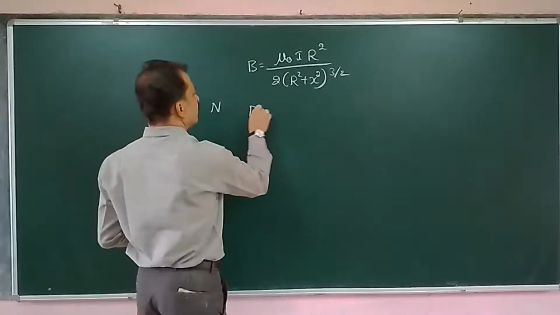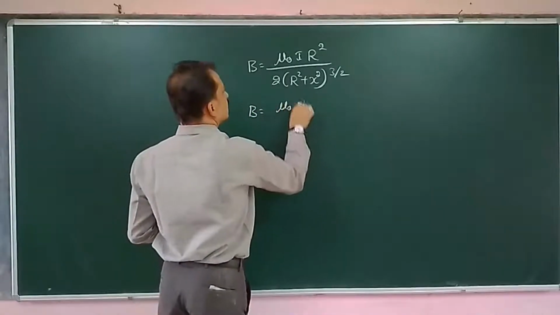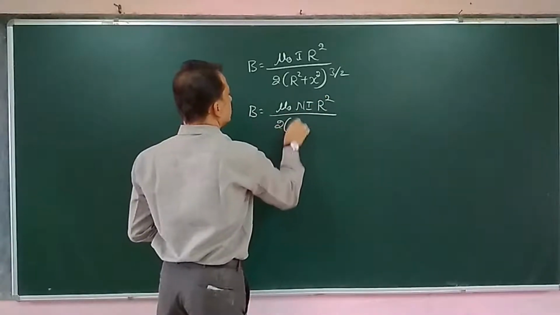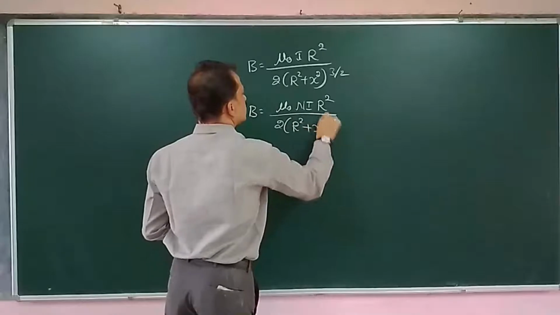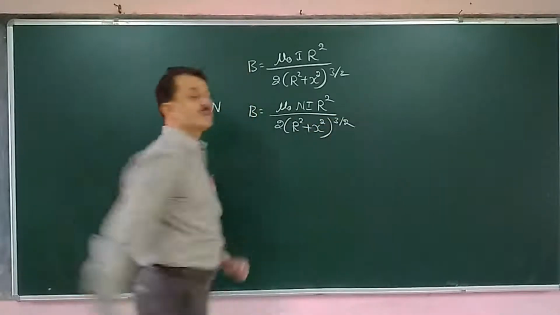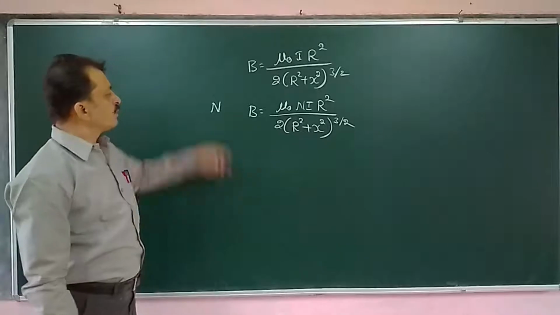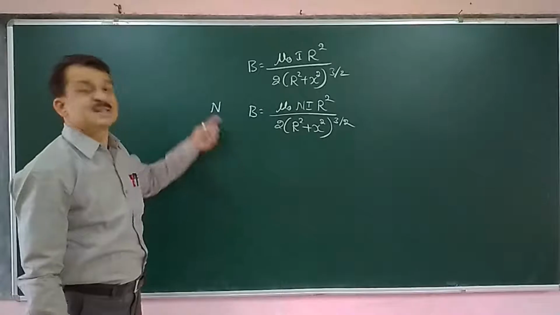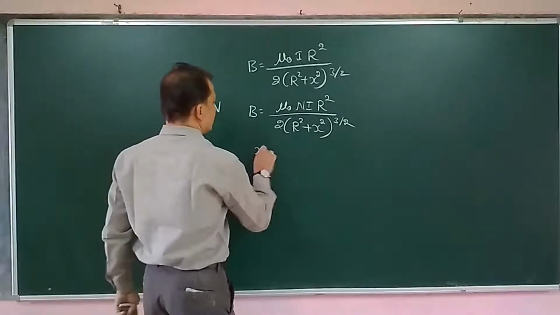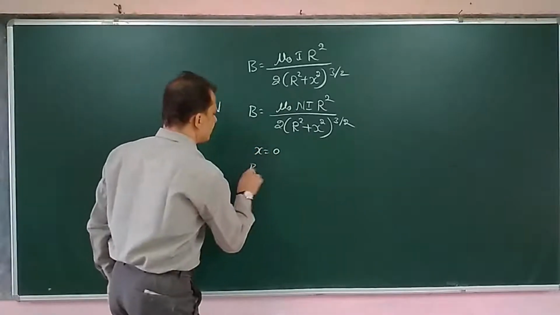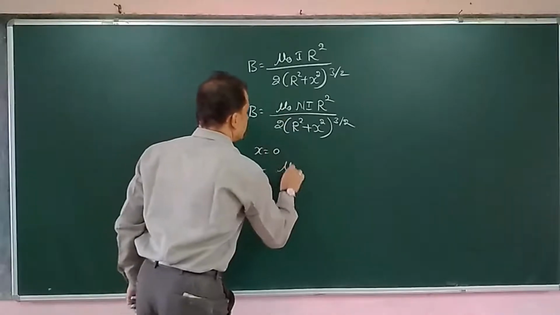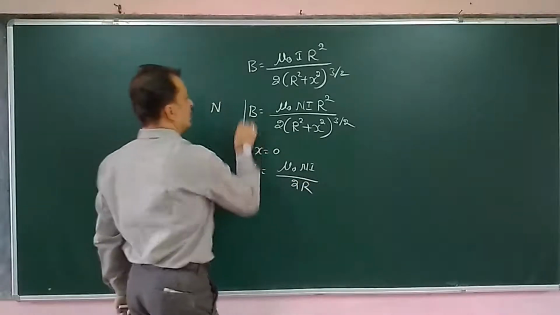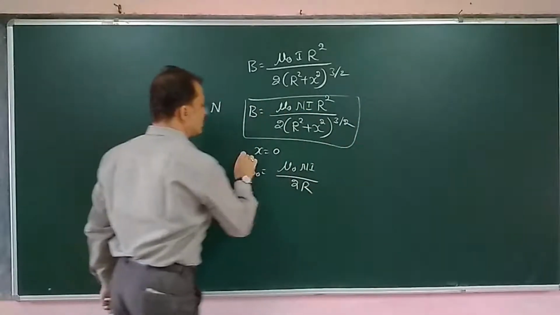Then the total magnetic field becomes mu naught N I r square divided by 2 into r square plus x square to the power of 3 by 2. For the same current loop having N turns, if x is equal to 0, the magnetic field at the center becomes mu naught N I divided by 2r. So you should remember these two relations.